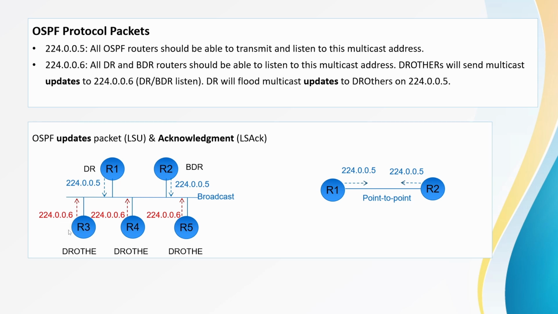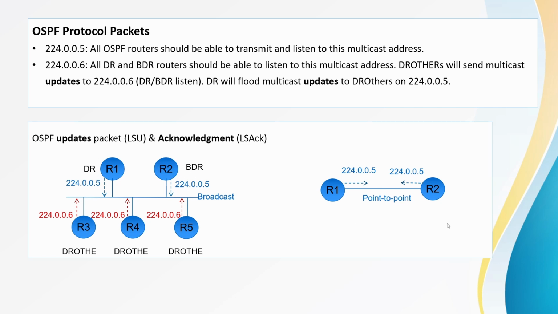If a DR other router, for example R3, needs to send an update to the DR and BDR, the DR other router sends to the address 224.0.0.6 on the broadcast network. So the DR and BDR will receive it.